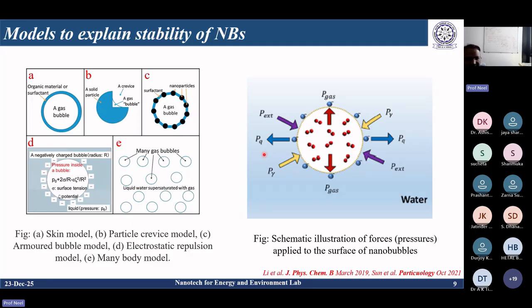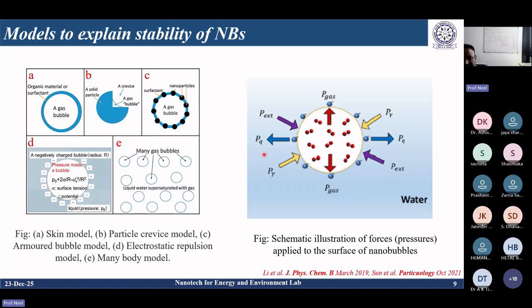What we presented at the time is that there is surface charge, basically negative charge, from ions present on the surface of the bubble. This is really responsible for keeping the bubble intact, right?